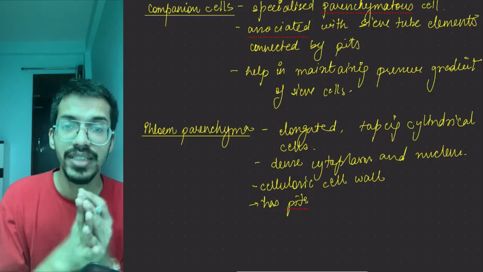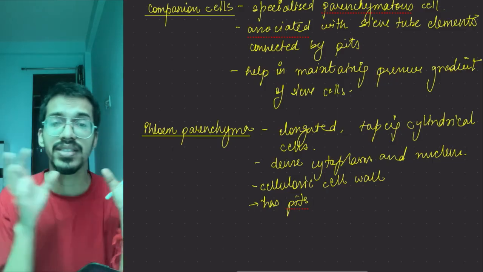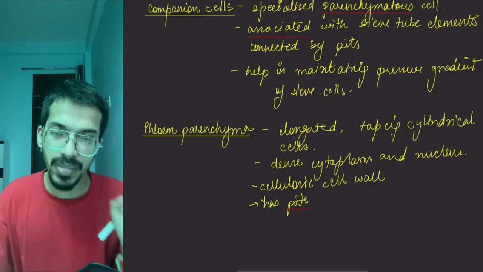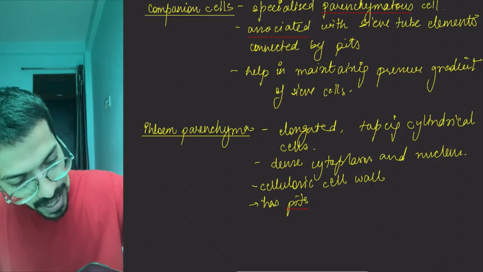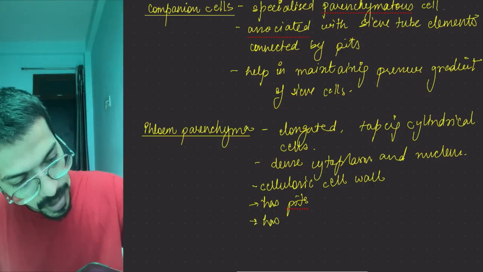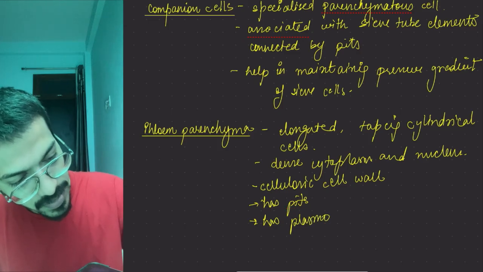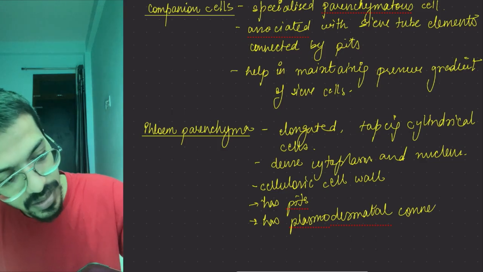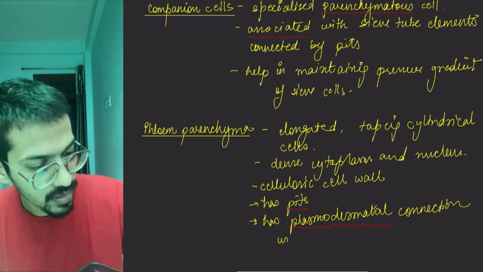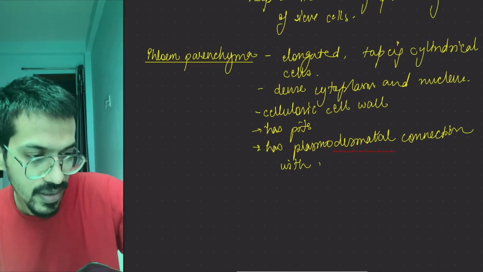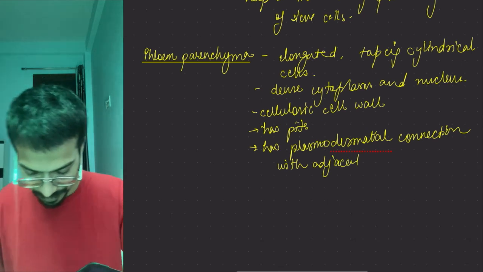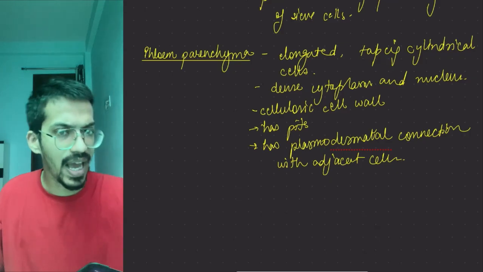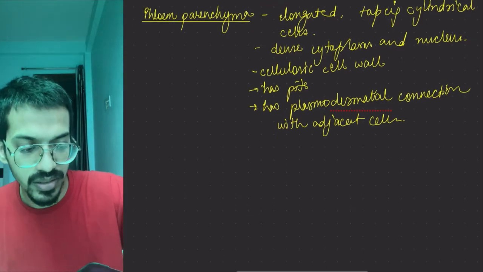The Golgi bodies of the cell, we will study about in the Golgi bodies, they form what? They form a bridge kind of thing between two adjacent cells. That is what? Plasmodesmata connections. So has plasmodesmatal connections with the adjacent cells, and they store the food as usual, like the xylem parenchyma.